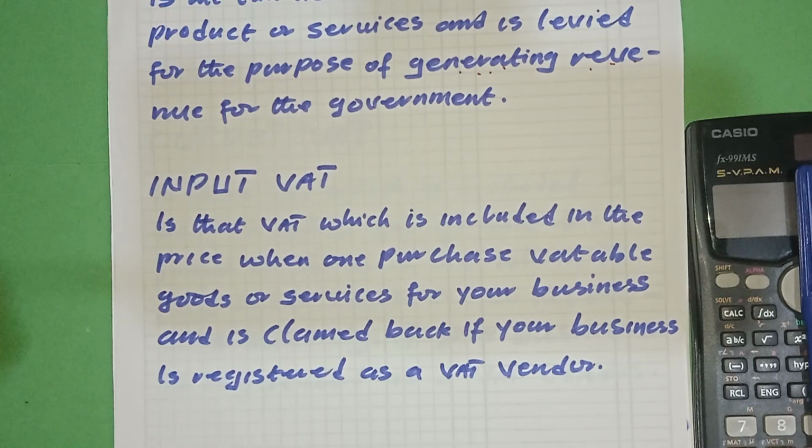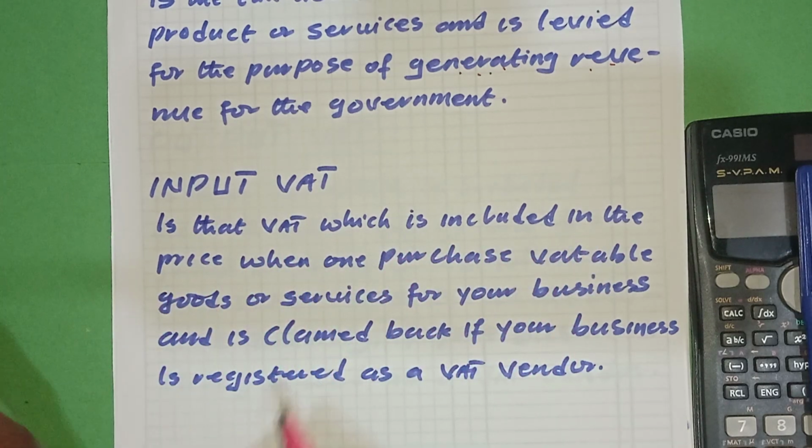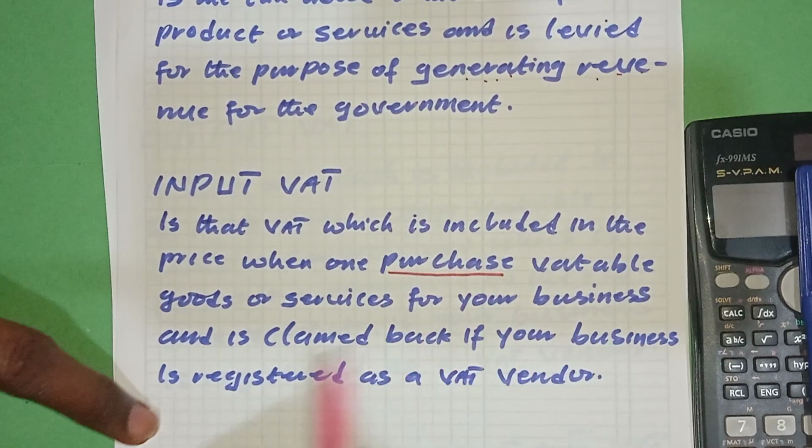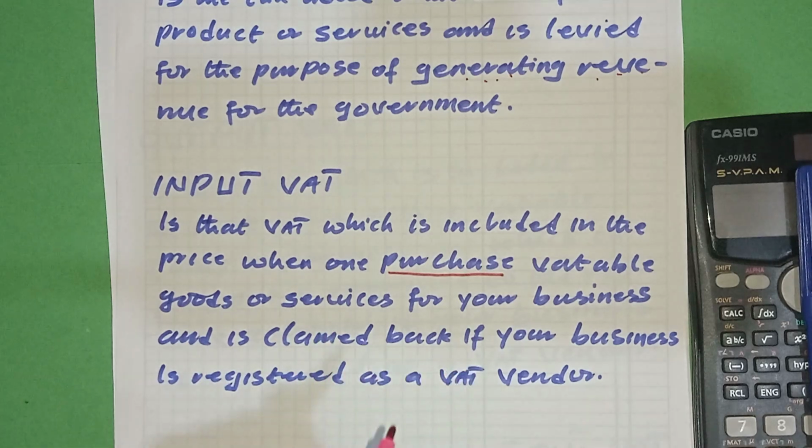Now, what is input VAT? I will give you a practical example of input VAT. Just know this. Input VAT is that VAT which is included in the price when one purchases vatable goods or services for your business, and is claimed back if your business is registered as a VAT vendor.